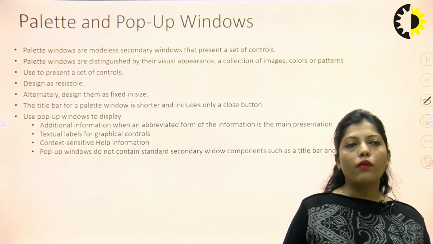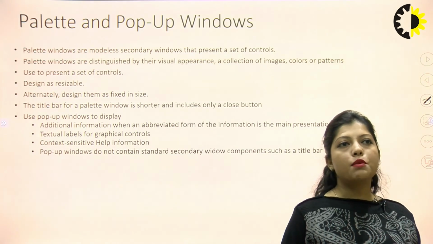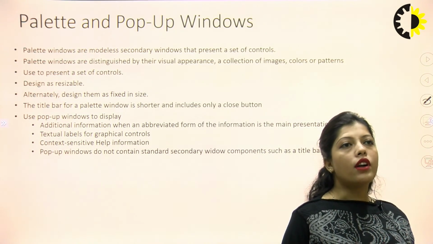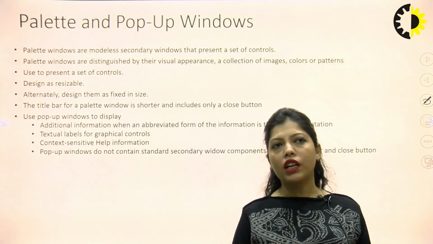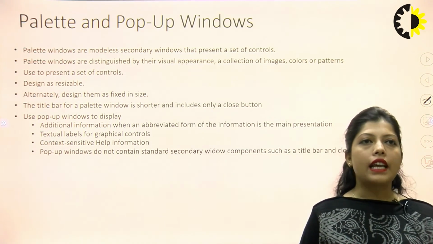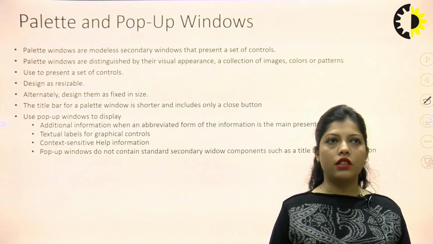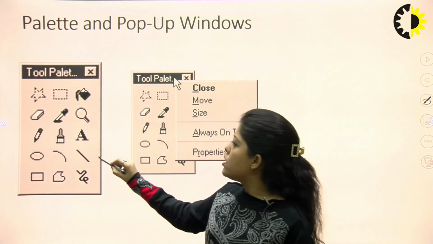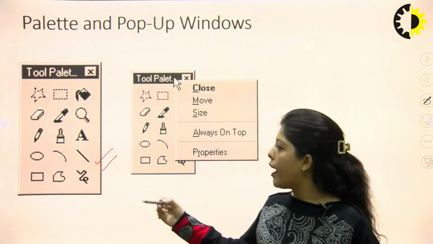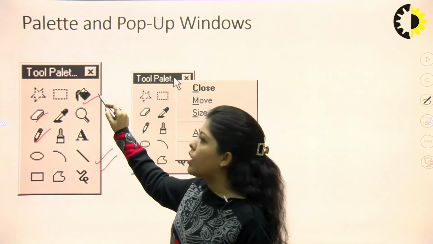Use pop-up windows to display additional information, textual labels, and context-sensitive help information. Pop-up windows do not contain standard secondary window components such as a title bar and a close button. So this is the example of a tool palette, like the eraser, the pen, the color filling.